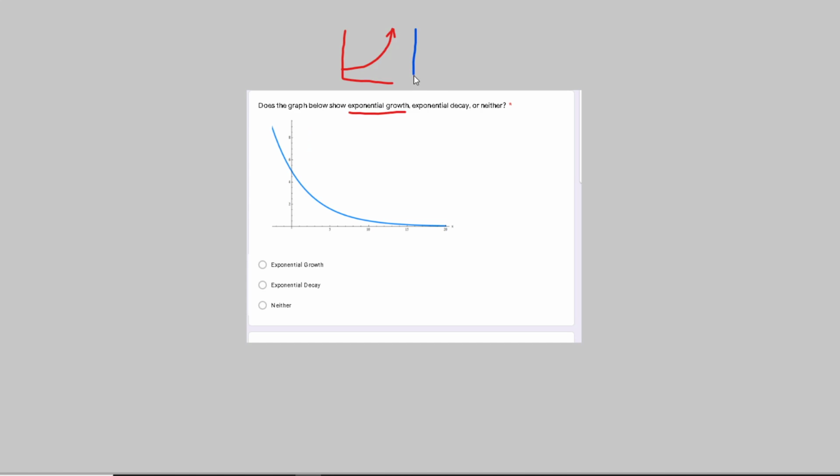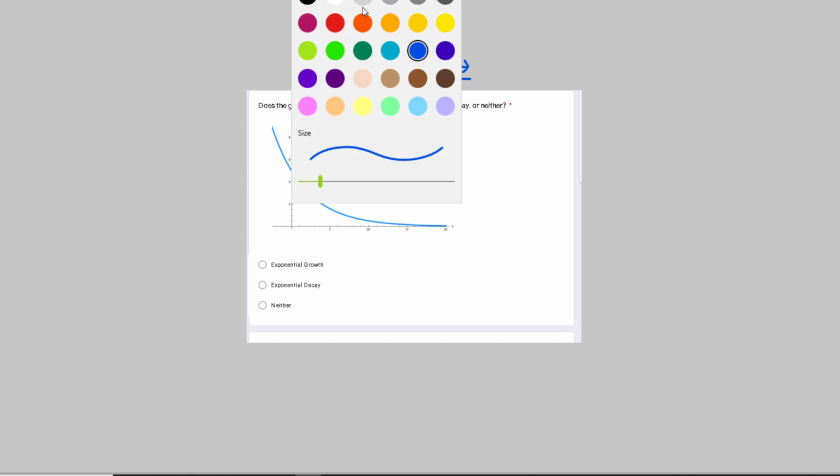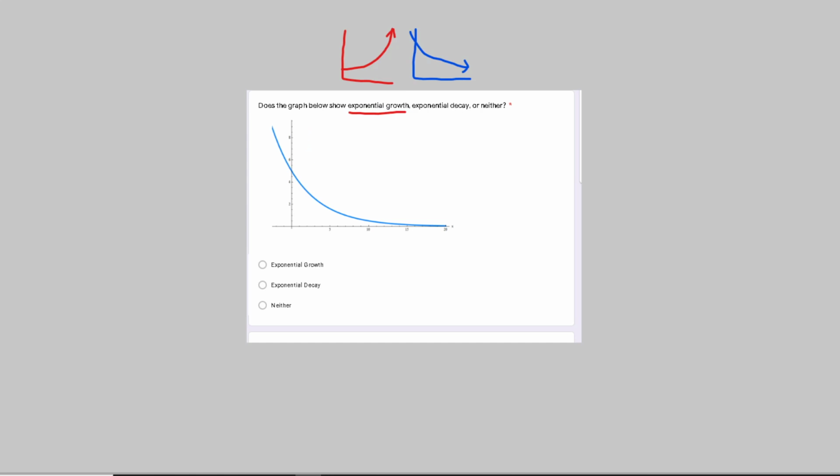Exponential decay, like something like you see in the graph, there we go. And then neither, that could be a lot of different things.